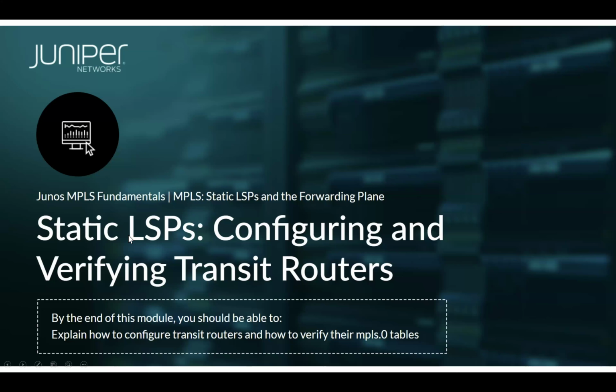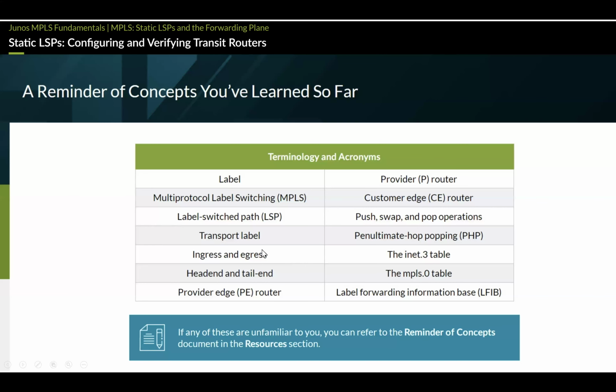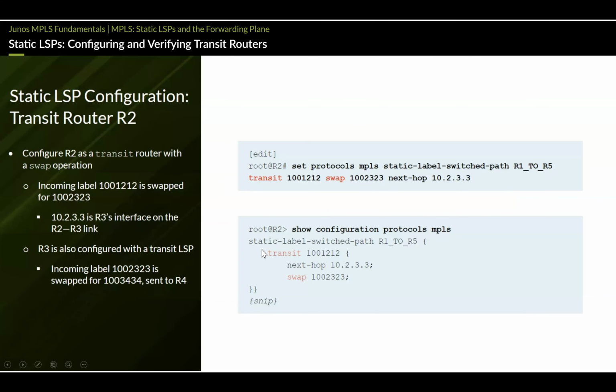This next section is the same static LSP configuration, but your router will be the transit router. For a transit router, you get an incoming label, set an outgoing label, and send it to the next hop.